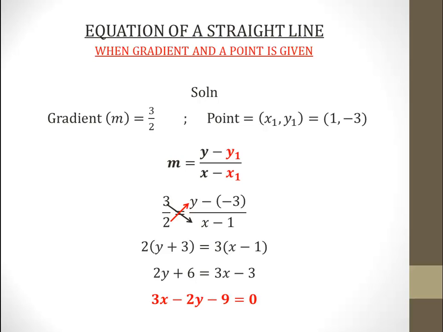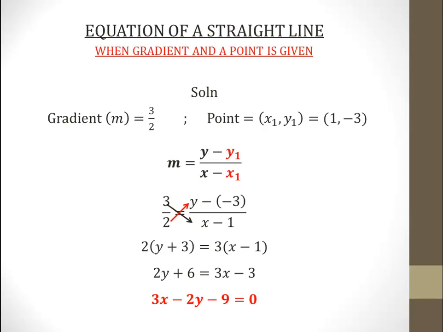So we have ax plus by plus c equals 0. It means that the right hand side must always be 0. Whether you want it at the left or the right, one side must be 0, starting with x. So we have 3x minus 2y minus 9 equals 0. So this is the final result for example 1.